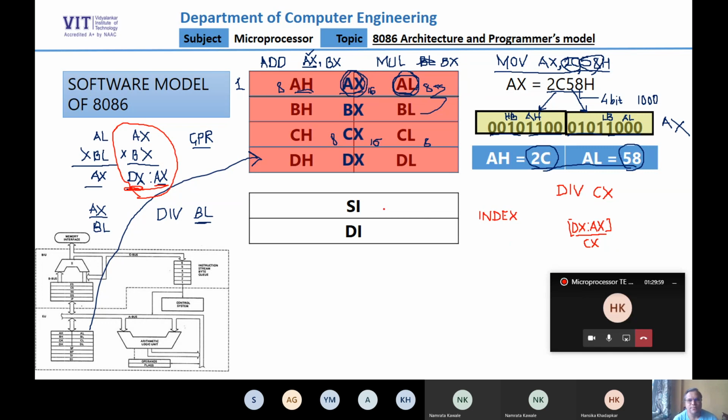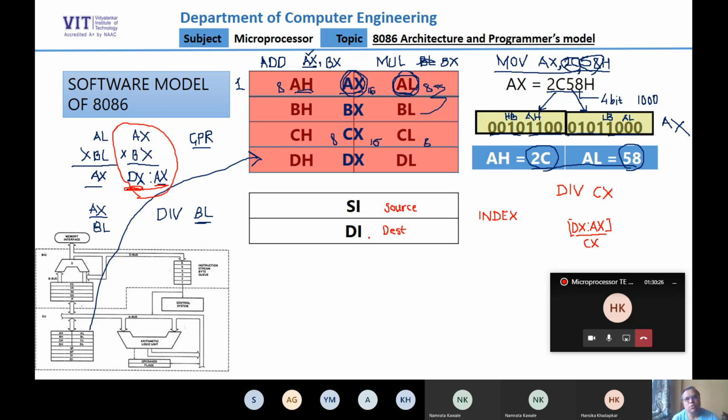One is called SI. S stands for source, I stands for index. So it is a source index register, and DI, that means destination index register. D stands for destination, I stands for index.